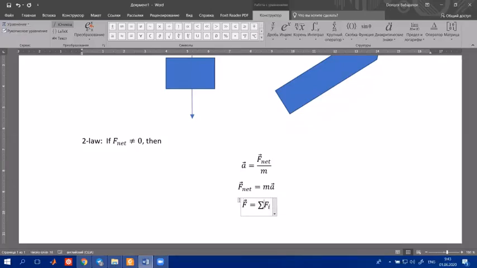F is a vector. This sum means F1 vector plus F2 vector, plus F3 vector, etc.